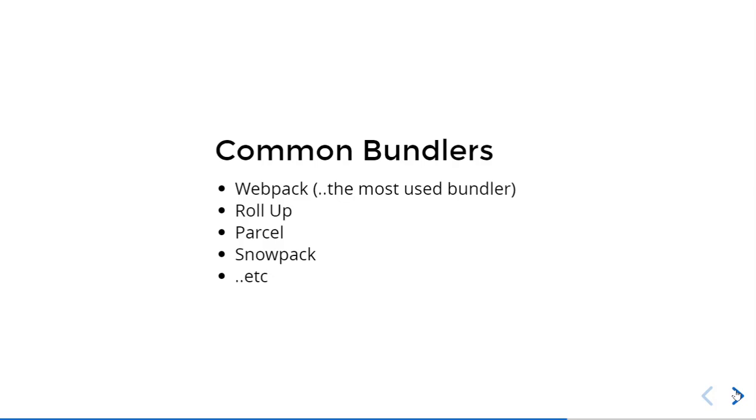Webpack still leads in use cases, because it gives you more configuration to deal with different assets and different types of files. Rollup is a bit hard to work with. Parcel is one of the easiest to work with. Snowpack is a new player, and it uses a different technology which deals with caching your files, allowing fast development.